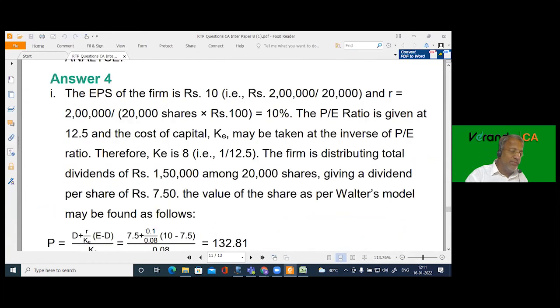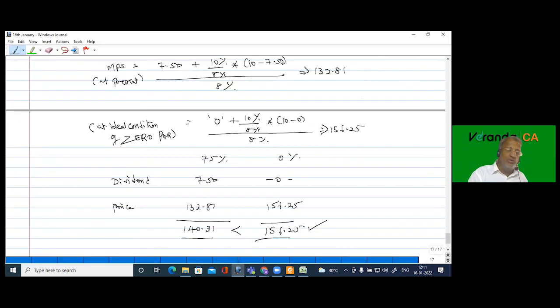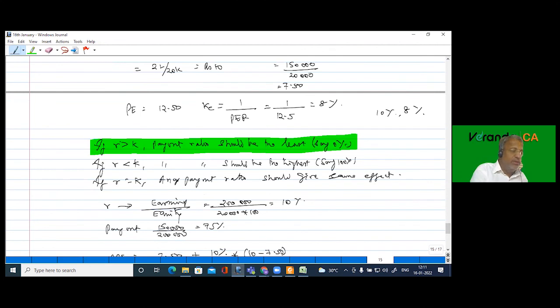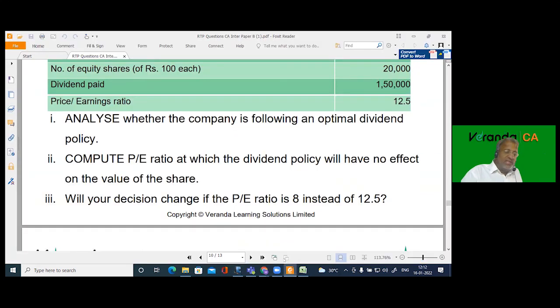This is what we have to answer for the first part of the question. Do you agree with me? Second one, compute the P/E ratio at which the dividend policy will have no effect on the value per share. Already we have answered that question in an indirect form. If R is equal to K, any payout ratio would give the same effect. There will neither be an increase nor a decrease.